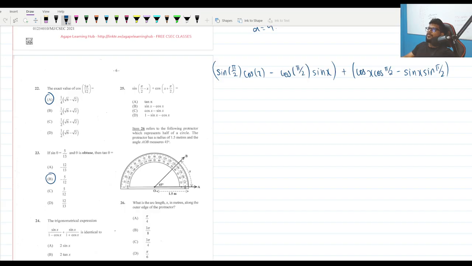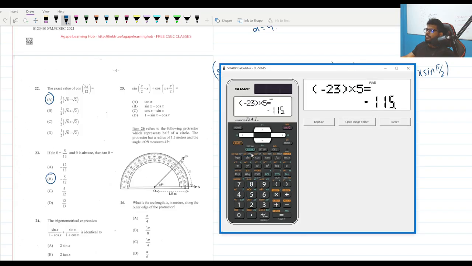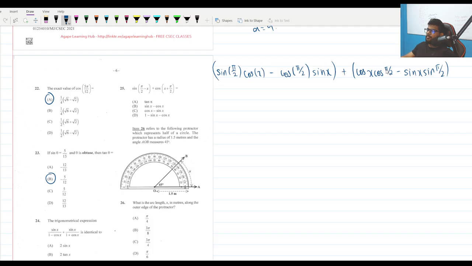Now sine of pi on 2 is sine of 90 degrees, which is 1. You could check it again on the calculator, in radians, so I'm going to use pi. Sine of pi on 2 is 1, and cosine of pi on 2 is 0.